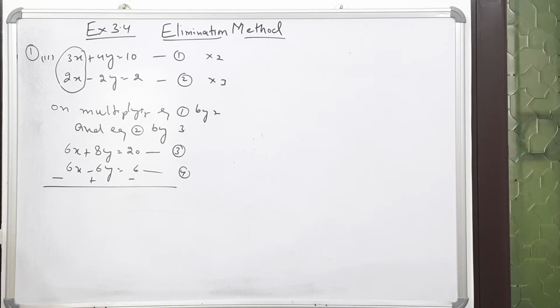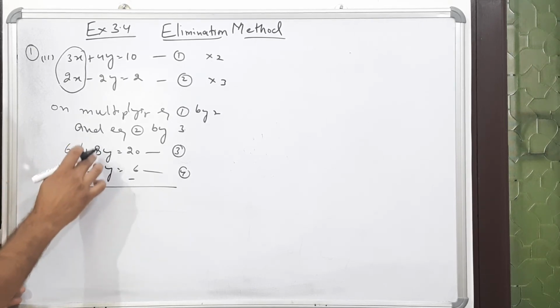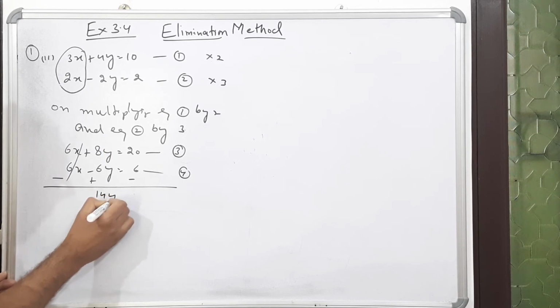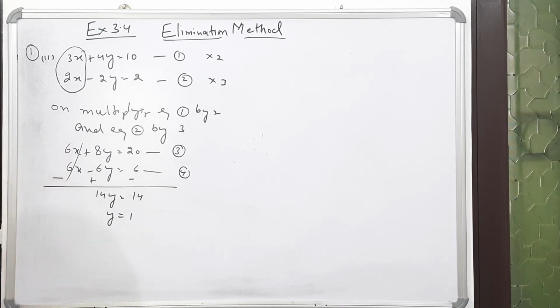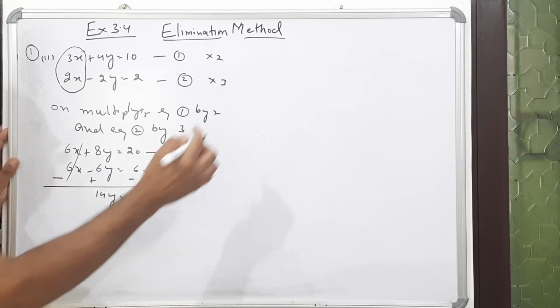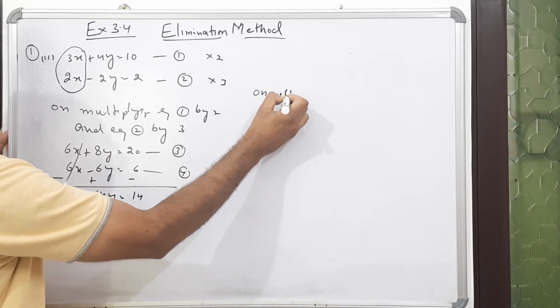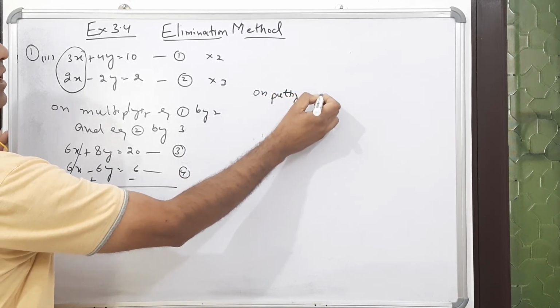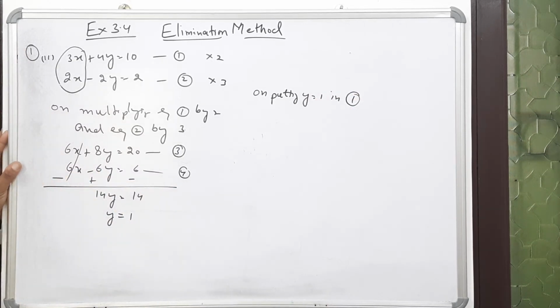Think about the next step now. This 6x cancelled here. 8 plus 6, it is 14y, and this is also 14. So the value of y is 1. And as I told you, the second part is the same: putting y equals 1 in the first.